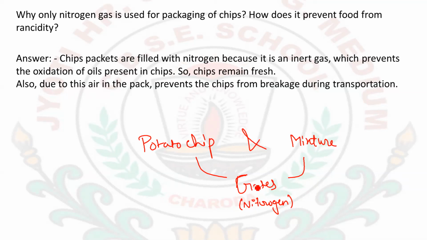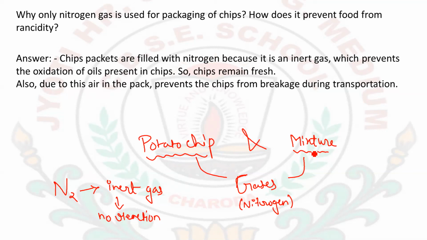The first reason is that nitrogen gas in normal conditions acts as an inert gas. Inert means it does not show any reaction. Potato chips and mixture are fried, so oil or fat must be there.